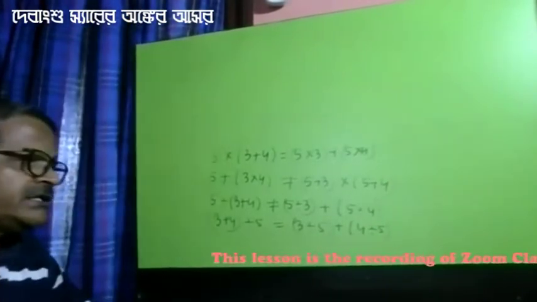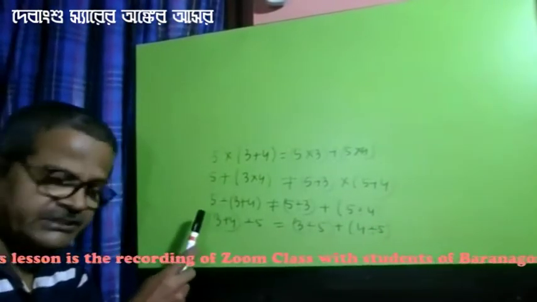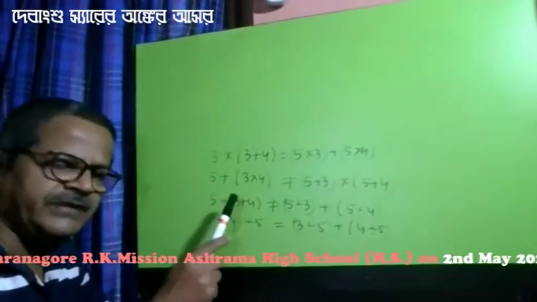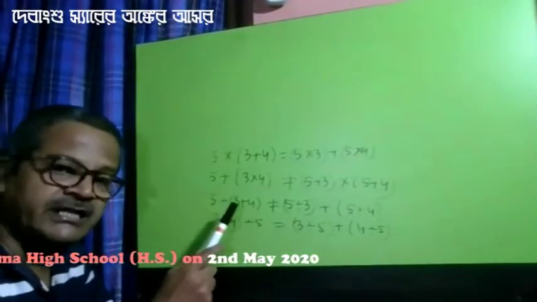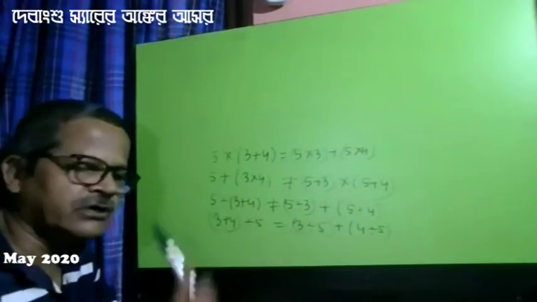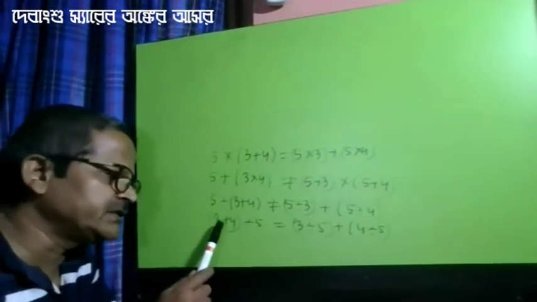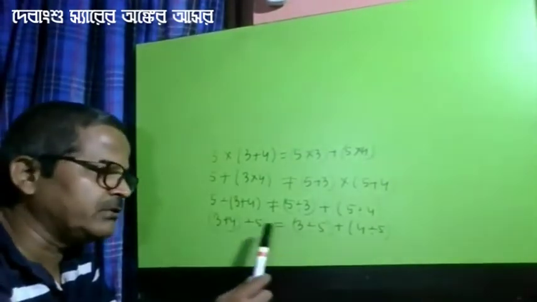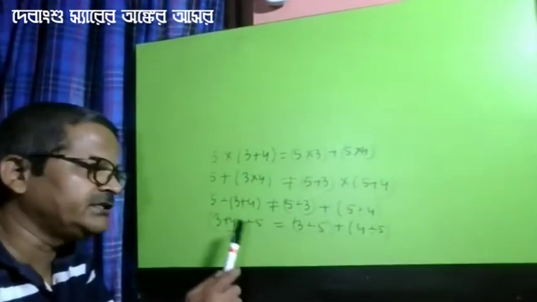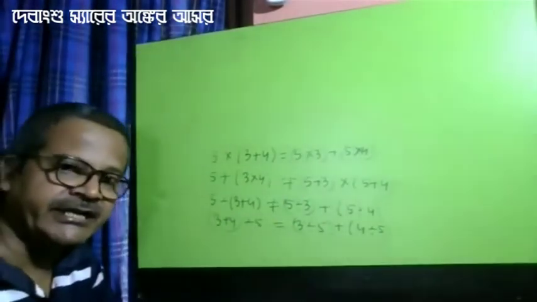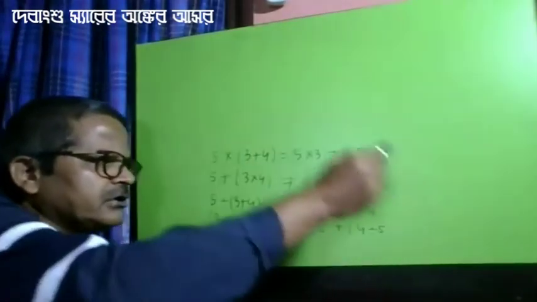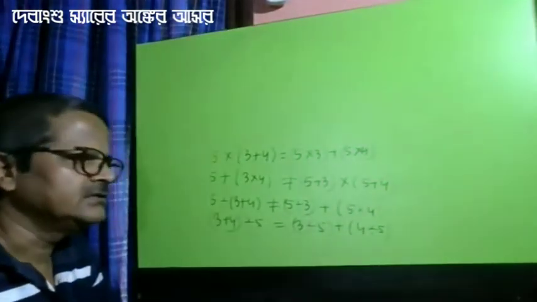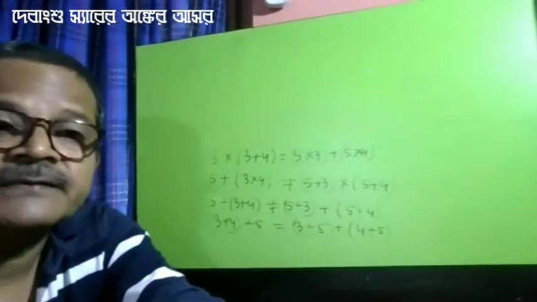So when division is at the left of addition, then it is not distributive. But when division is on the right of addition, then it is distributive. That's why it is called that division is right distributive over addition. That we have taught in class 7, 8, like this, so that you can remember.